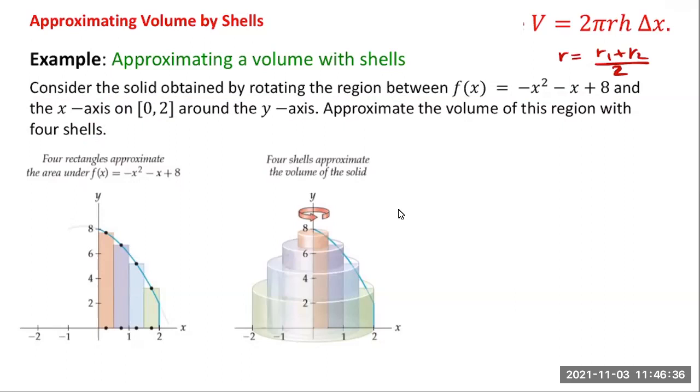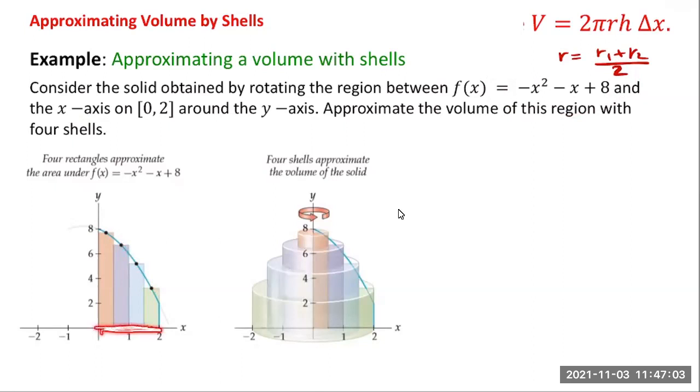First of all, let's try to identify that object or region that you obtain by rotating the given region. What region are they talking about? The region between this graph, the x-axis and the y-axis, on the interval 0, 2. If I graph my function f of x, you will get a shape like this on the interval 0, 2, because that's the interval I'm interested in.